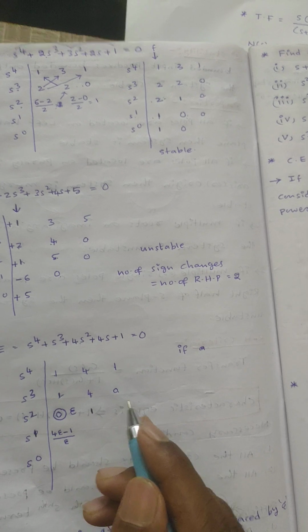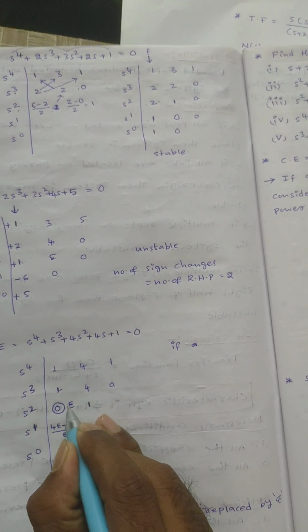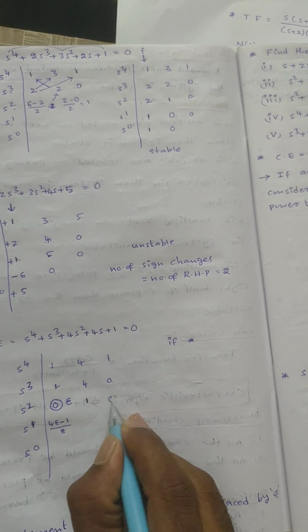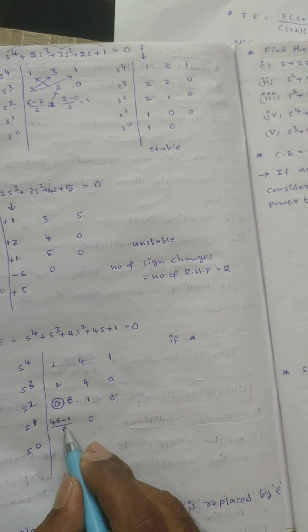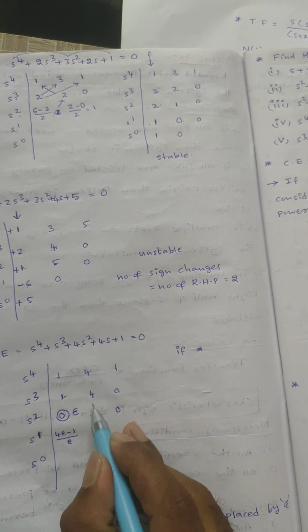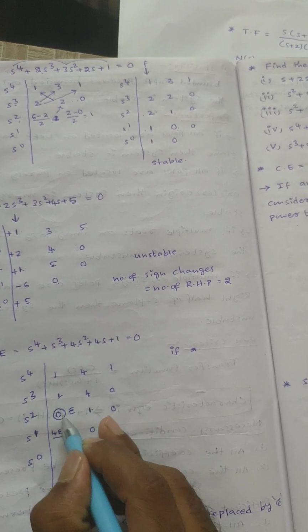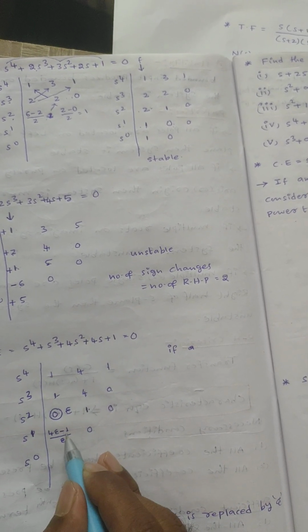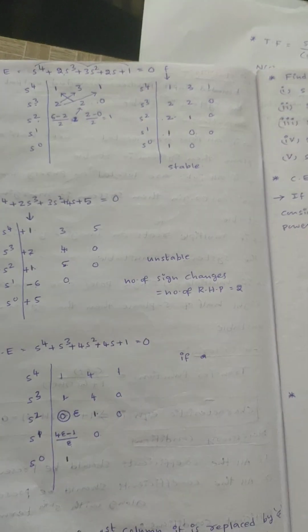Next, epsilon into 0 minus 0 into 1 divided by epsilon, that value will be 0. Again 4 epsilon minus 1 by epsilon into 1, minus 0 into epsilon divided by 4 epsilon minus 1, that means you will get here also 1.